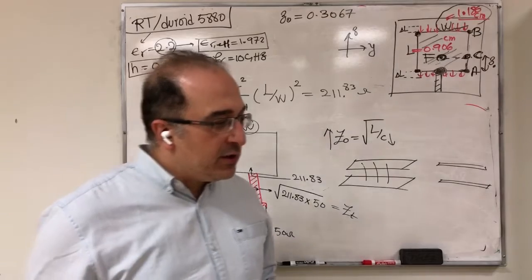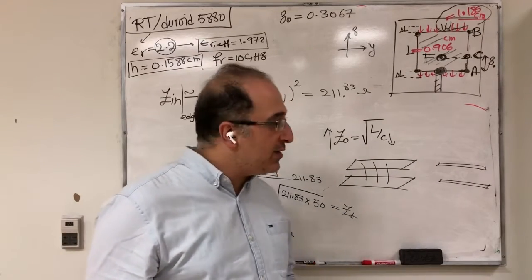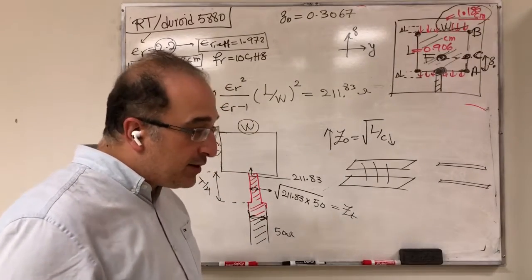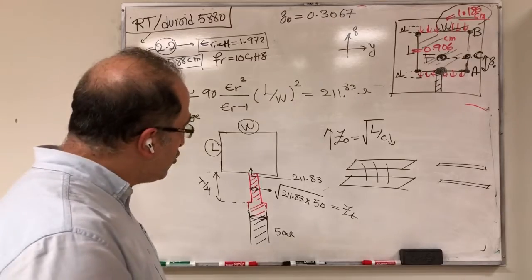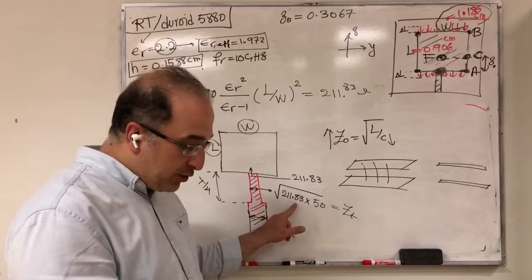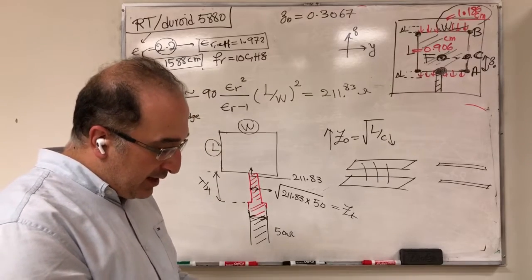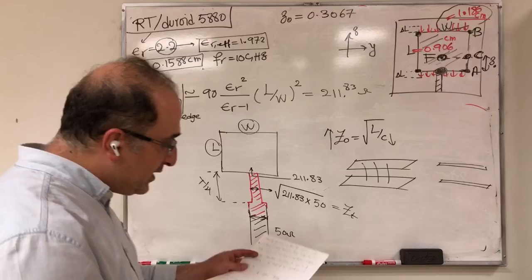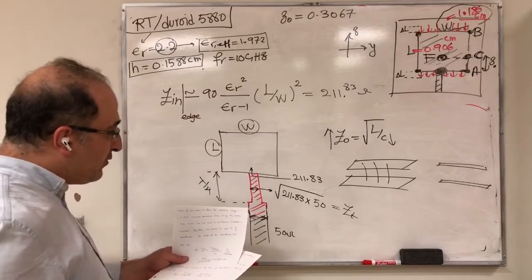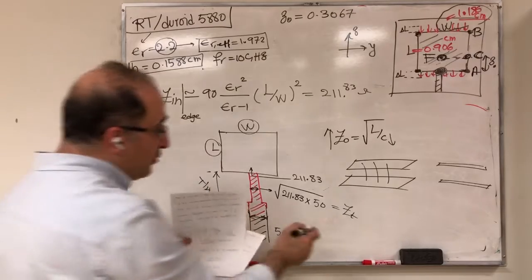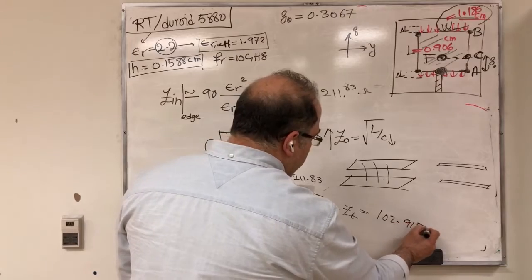Okay, let's continue with the discussion on the quarter wavelength transformer. To start, let me calculate the actual Z transformer. I have the value here, and I want to find the actual value we need. This is the square root of 50 times 211.83, which is equal to 102.9157.